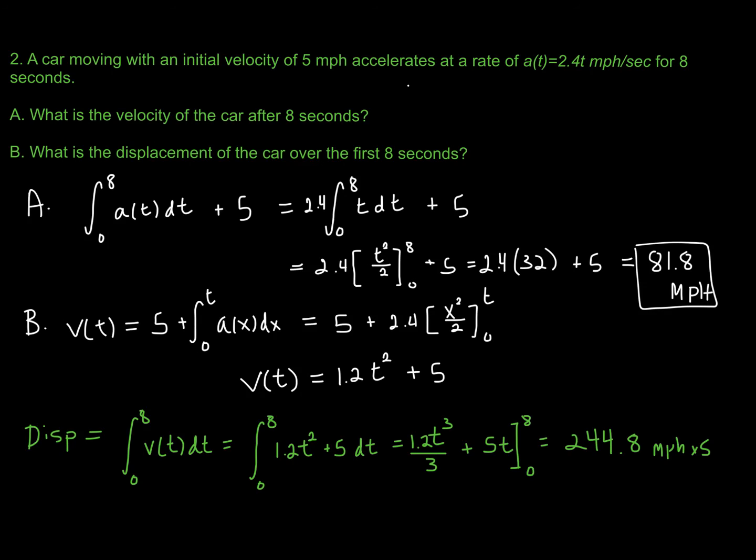We have miles per hour times seconds. Okay? And we want this to end up with just miles. So what do we need to do here? We need to multiply by hours over seconds.